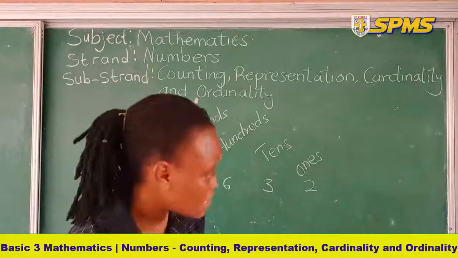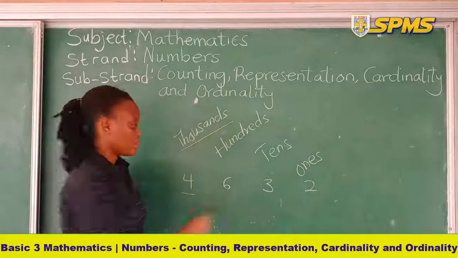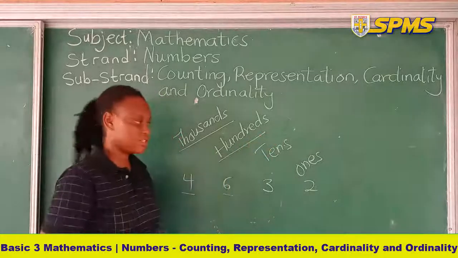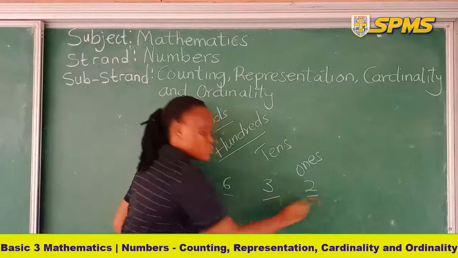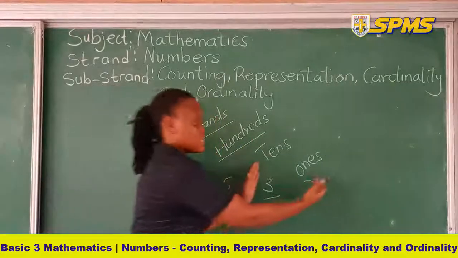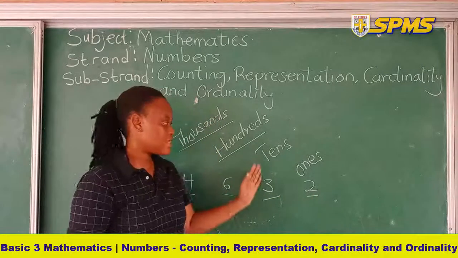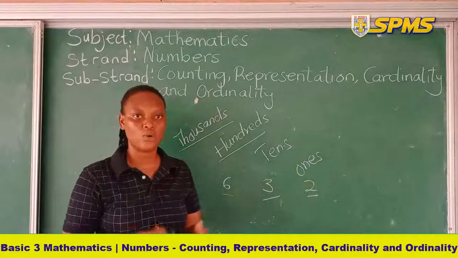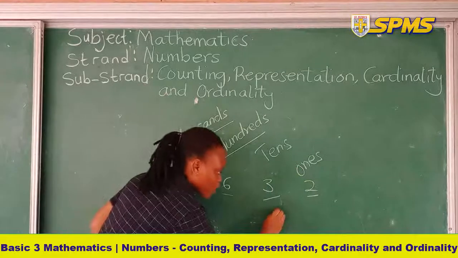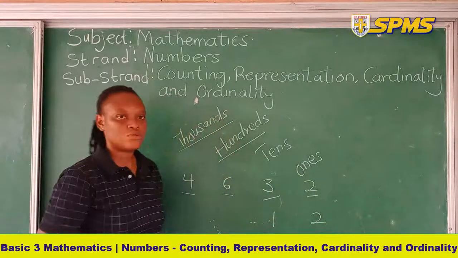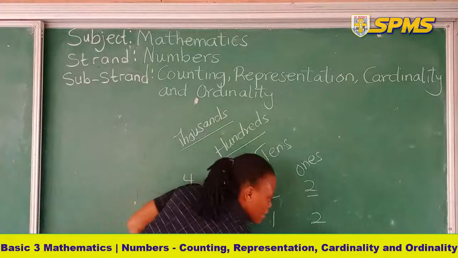So in this sense, you can say that we have 4,632. We always put the tens and the ones together. So we can have 1 and then 2, 4 and then 5.